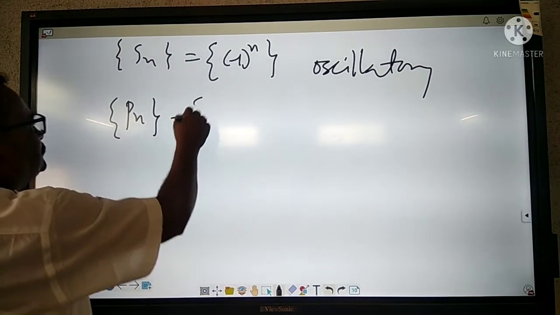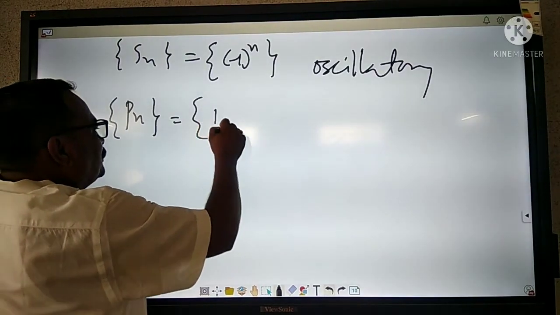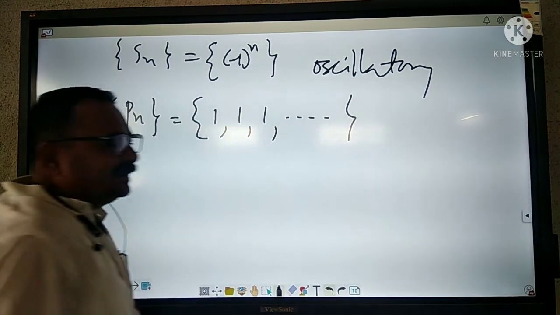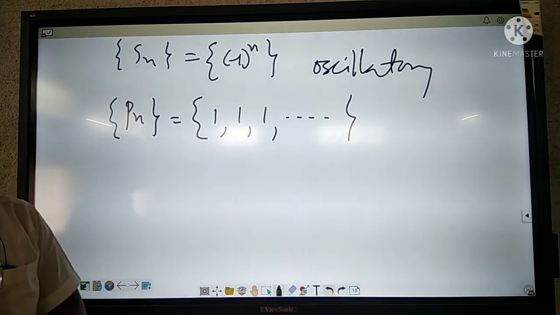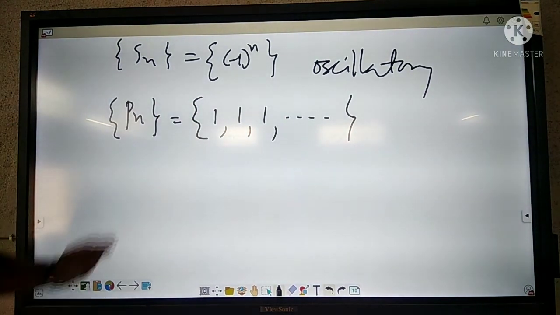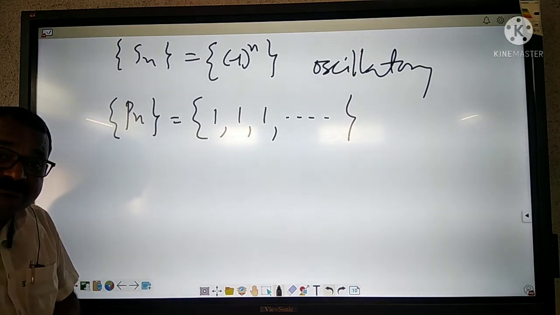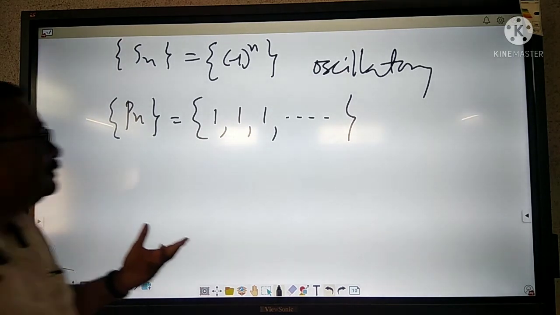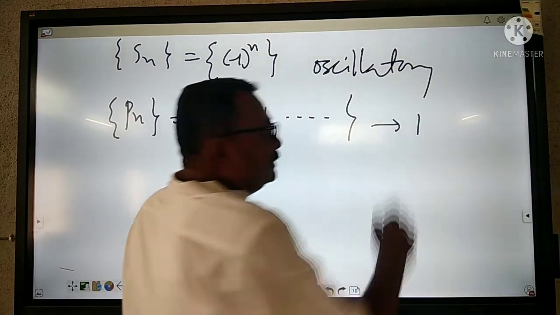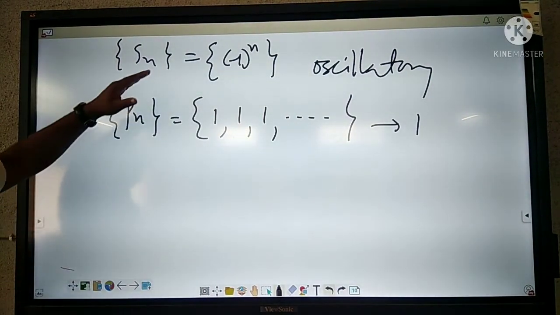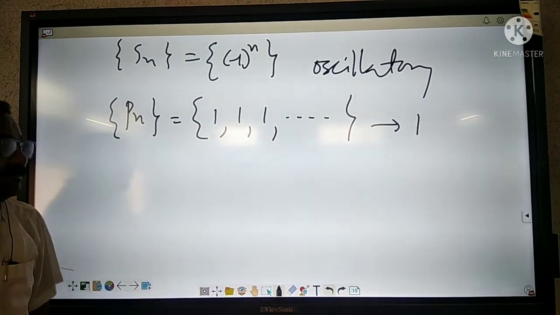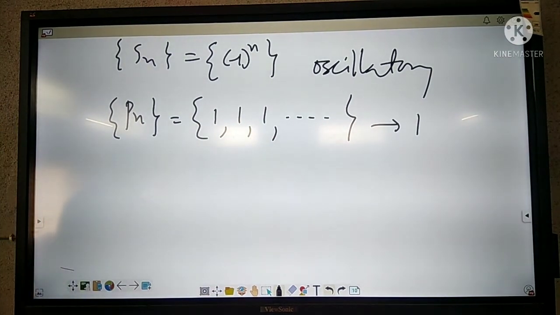Suppose Pn is a subsequence, so suppose 1, 1, 1 were taken in this way. This is clearly a subsequence of sequence Sn. But this sequence Pn is convergent and converges to 1, clearly we know that. So if it is oscillatory, then its subsequence may be convergent or divergent, no problem.